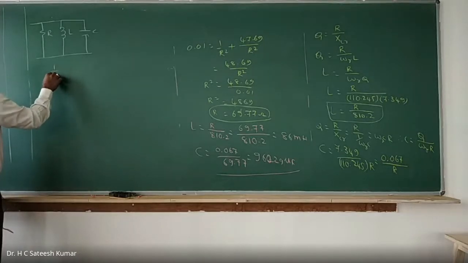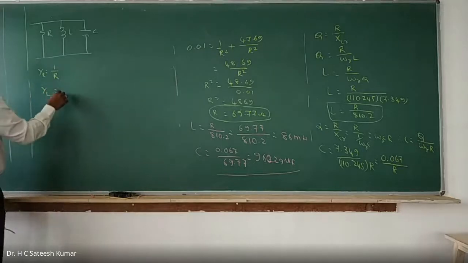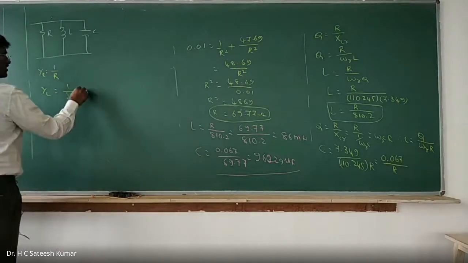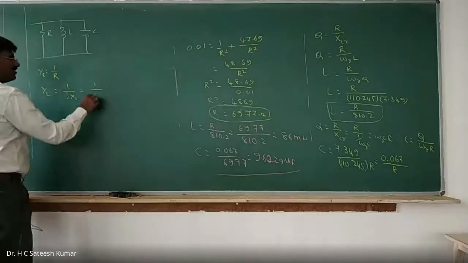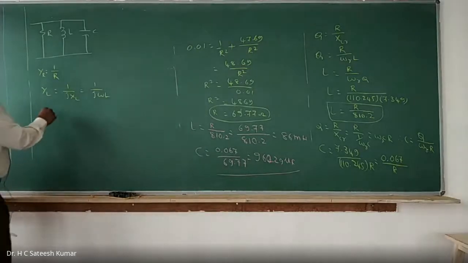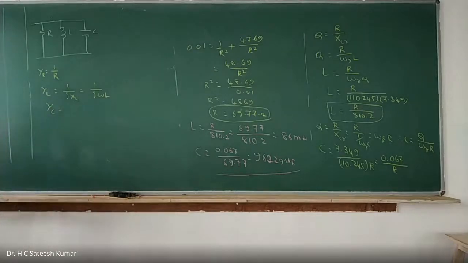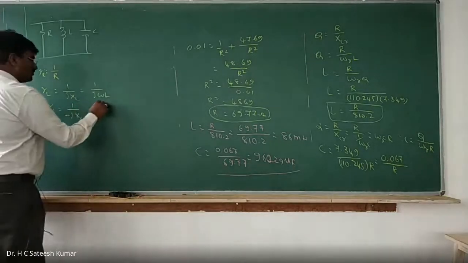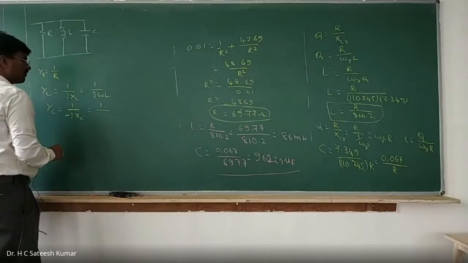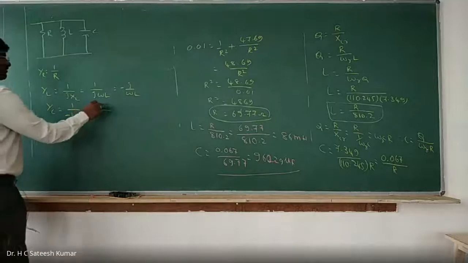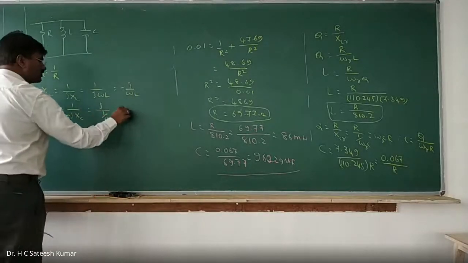Admittance is equal to what? 1 by R. Admittance YR, YL is equal to 1 by JXL, which is nothing but 1 divided by J omega L. And YC is equal to 1 by minus JXC, which is nothing but minus J divided by omega L. And YC is equal to J divided by 1 by omega C, therefore J omega C.